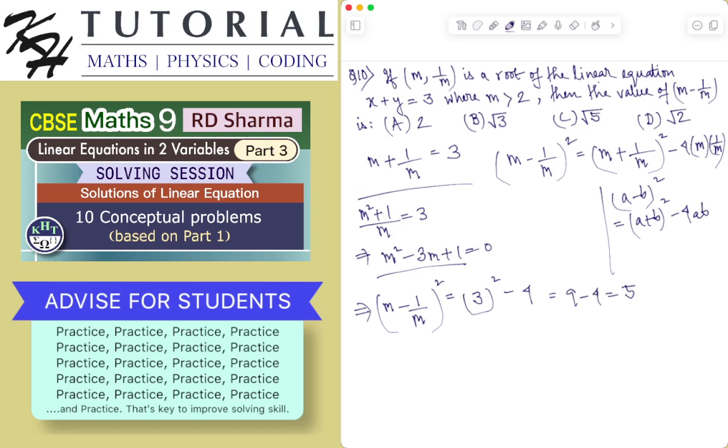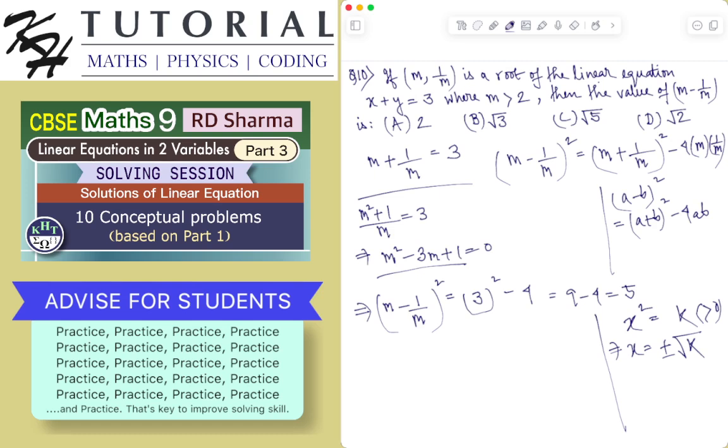Now, whenever you have an equation of the form that some variable x square is equal to, let's say, k, some positive constant, obviously k is greater than 0, what will be the values of x that will satisfy x square is equal to k? x will be plus minus square root of k.